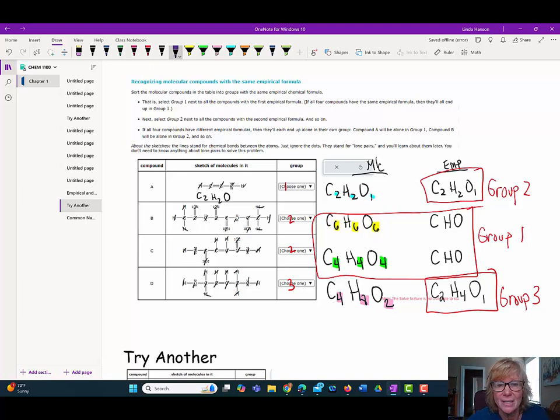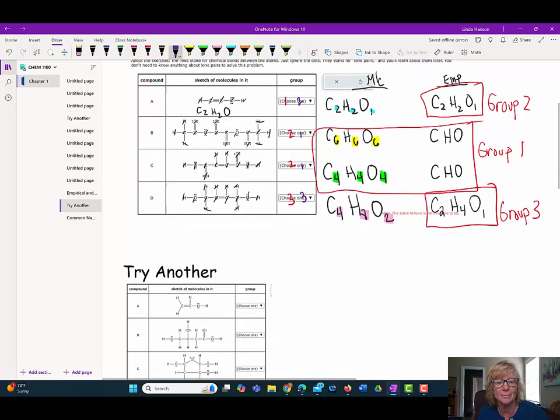If you had called this group 1 and this group 2 and this group 3, you would be given 100% credit because I've grouped in the same category the molecules that shared the same empirical formula. So please know that there is more than one right answer. The only way that you'll get marked wrong is if you didn't include all members of a group that shared the same empirical formula.